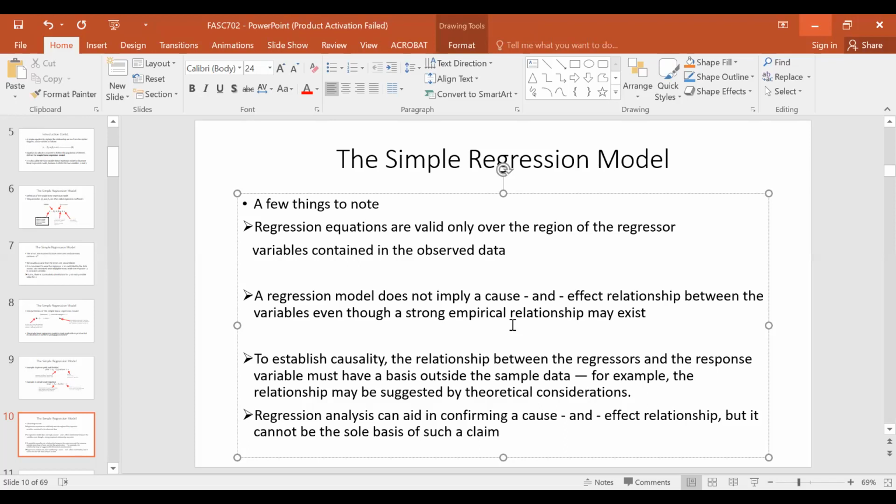So even though a strong statistical relationship may exist between fertilizer and the harvest, it doesn't mean fertilizer causes the yield. That is the point.